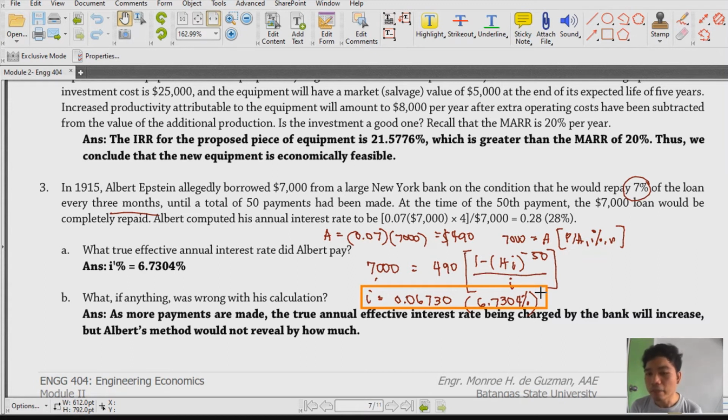So, wala namang mali dun, pero we have to make sure na that is the only true, kung halimbawa, wala talagang interest rate na nag-accumulate from the previous payments, diba?